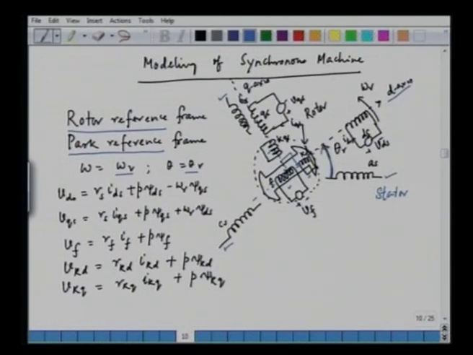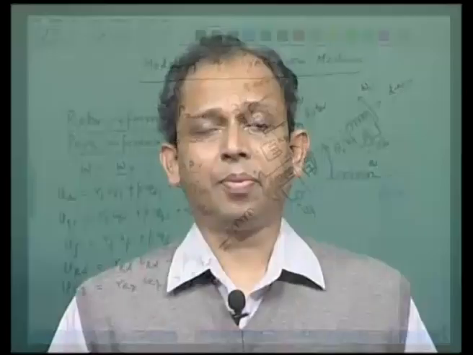When the reference frame is attached to the rotor, it rotates with the rotor, and hence a rotationally induced EMF will appear in the stator. The stator DQ windings will have the rotationally induced EMF.